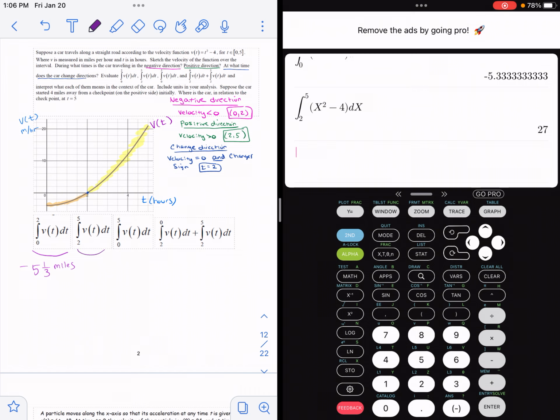That would also be a change in position from 2 to 5 hours. 0 to 5 we can do. So again, let's copy this. 21 2/3.